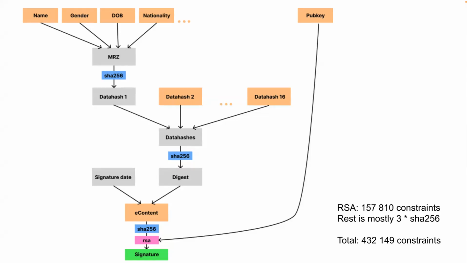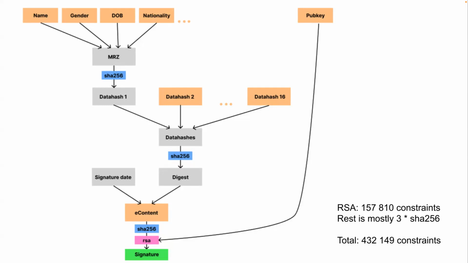It's all concatenated, which makes the MRZ, then it's hashed into data hash 1. This is all of the other data hashes. As you can see, everything in this pink is inputs of the circuits. Those are then concatenated together and hashed again. And then with the date of the signature, you get something called the e-content in the passport. And this is what's actually hashed, then signed using RSA.